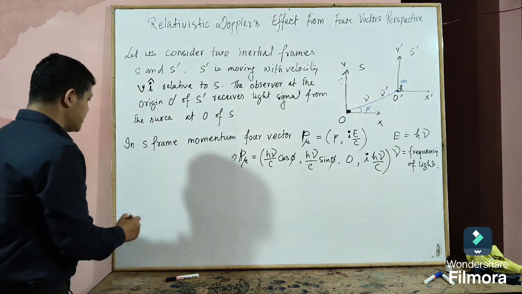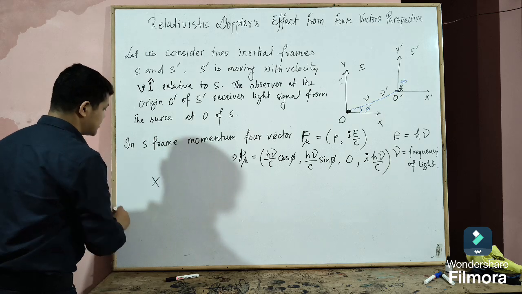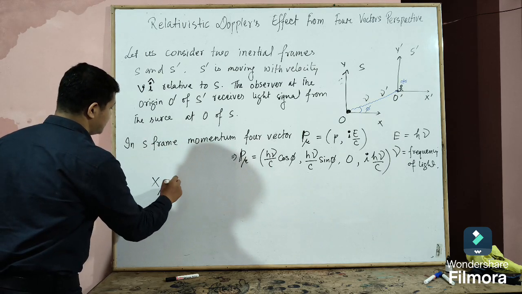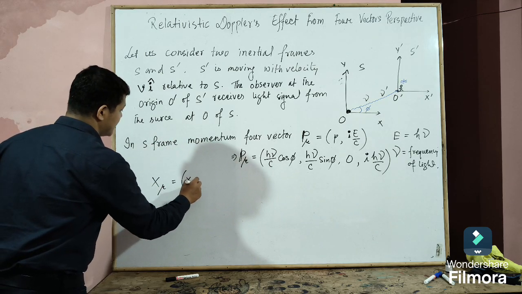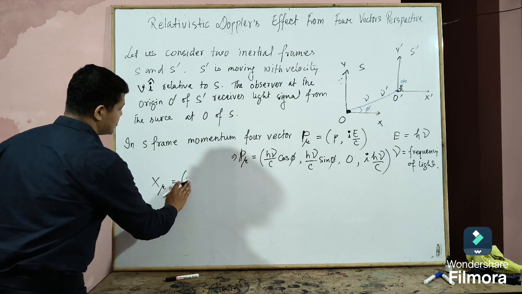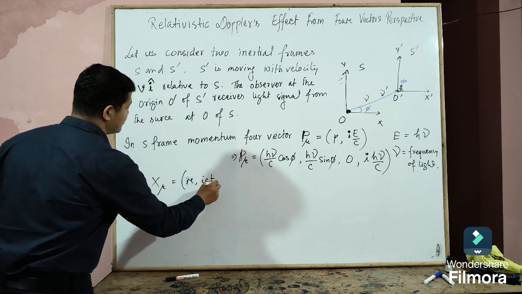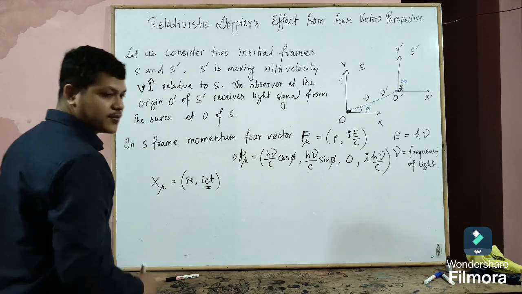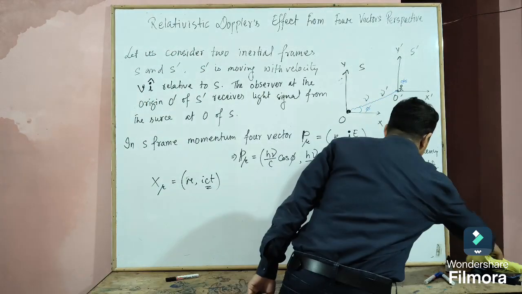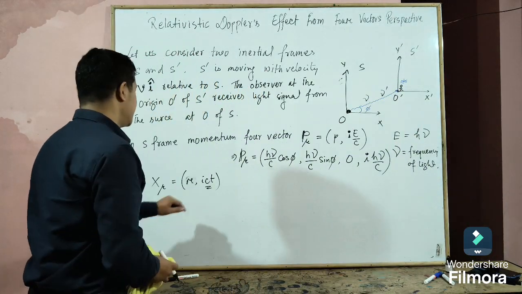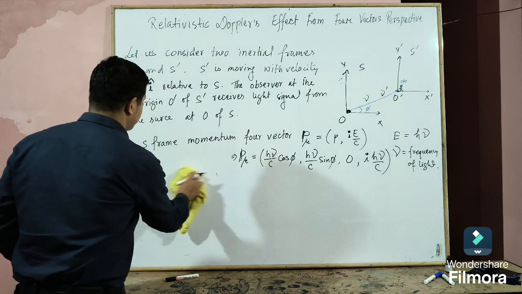Because in a 4 vector, suppose this is the position vector, then x mu can be represented by r comma ict. This is the time component, right? In space 4 vectors we used to represent like that. i is imaginary here.